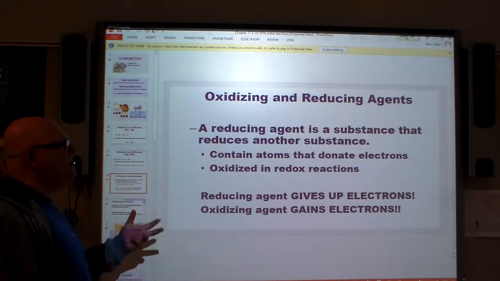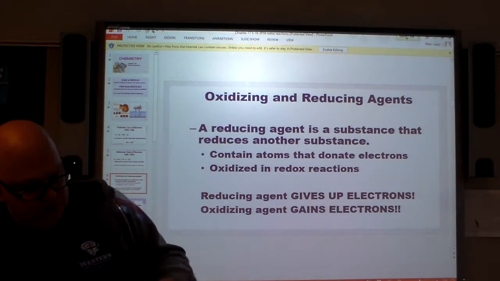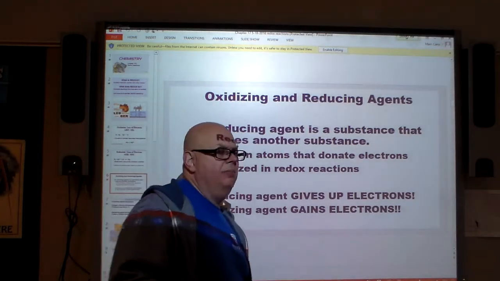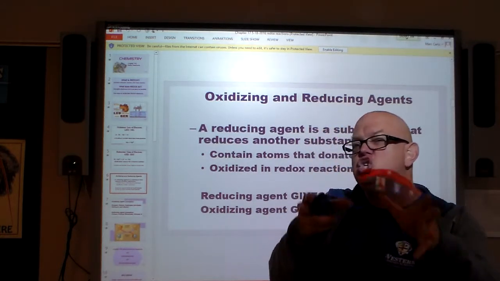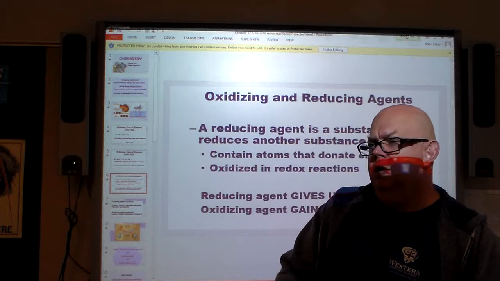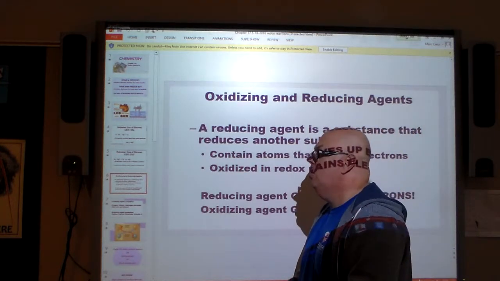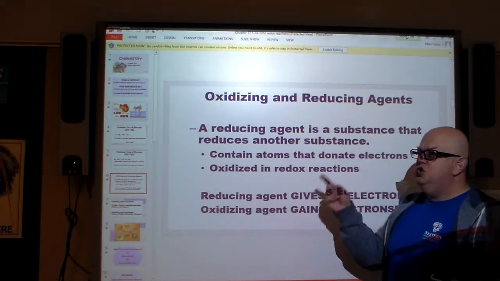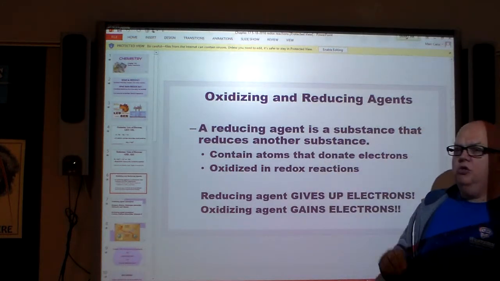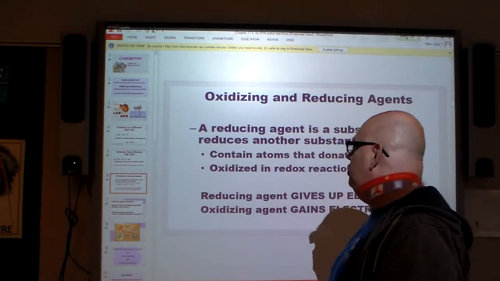So when we talk about agents, like oxidizing and reducing agents, what are we really talking about? Well, think of an agent as something that makes something happen. Think about it that way, okay? So a reducing agent is a substance that reduces another substance, in other words, it causes something else to be reduced.